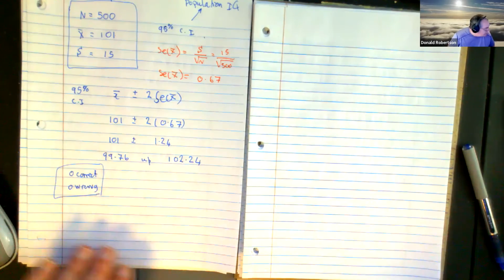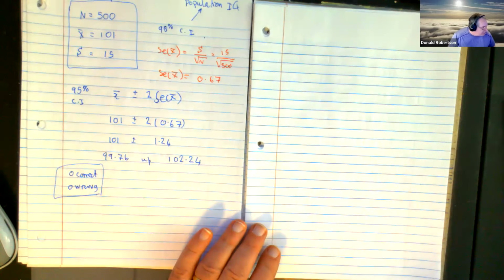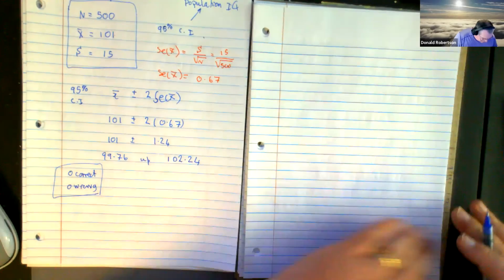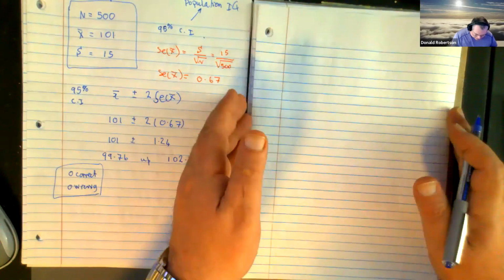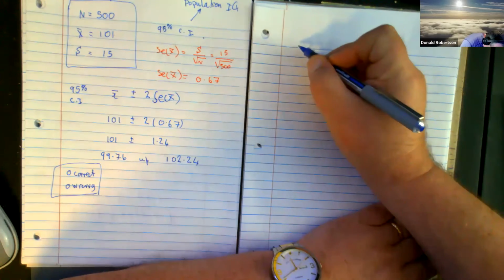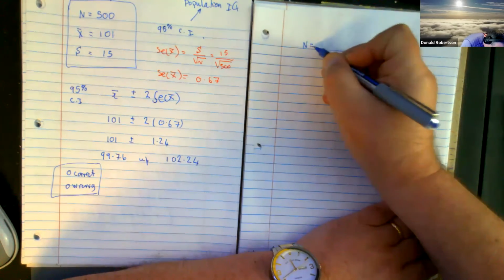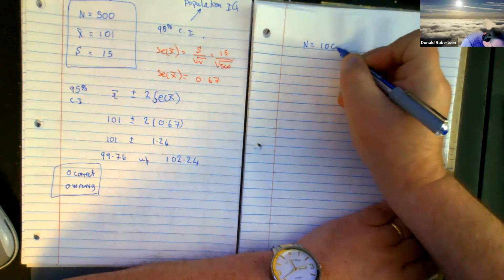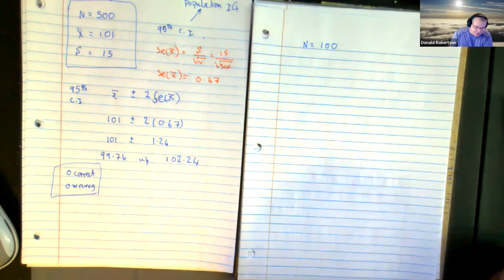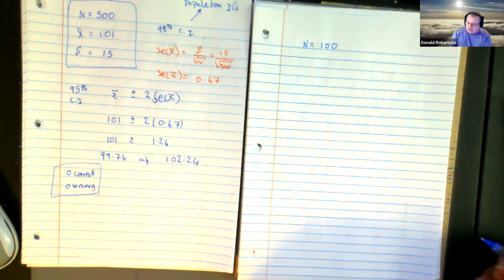So let's do a quality assurance type question. What do I mean by that? If you work in a factory that produces things, we are going to pretend we're in a factory that produces boxes of cornflakes. And the boxes of cornflakes are 16-ounce boxes.